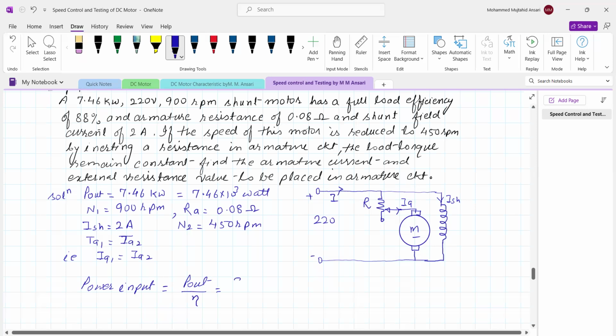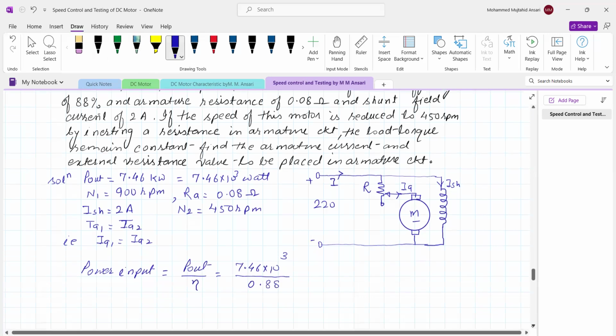So it is 7.46 into 10 raised to 3, by converting the power kilowatt into watt, divided by the efficiency, 88%, so 0.88. This is the power input.